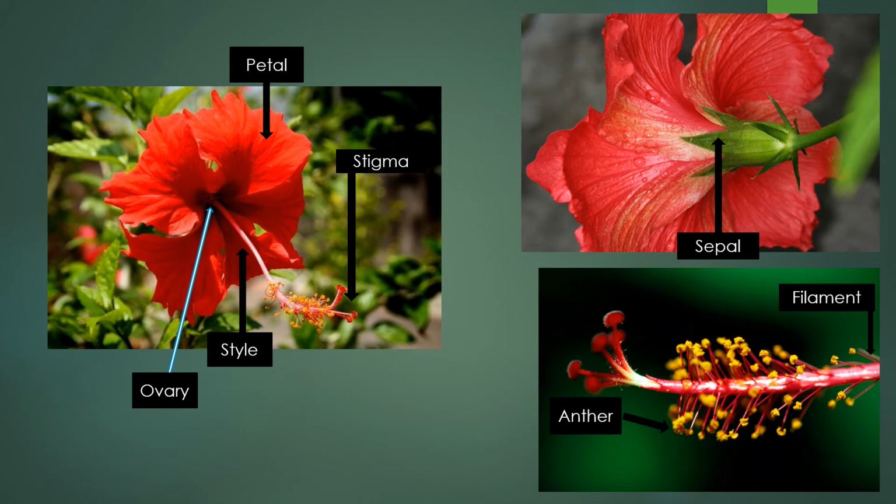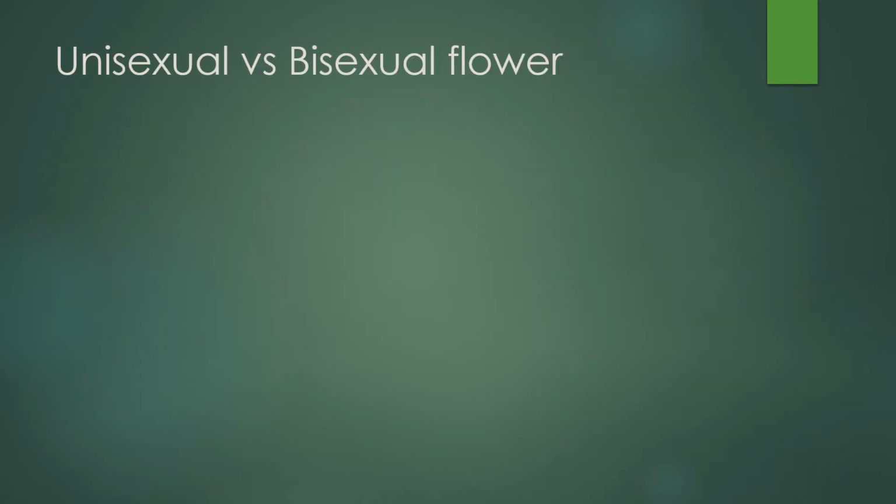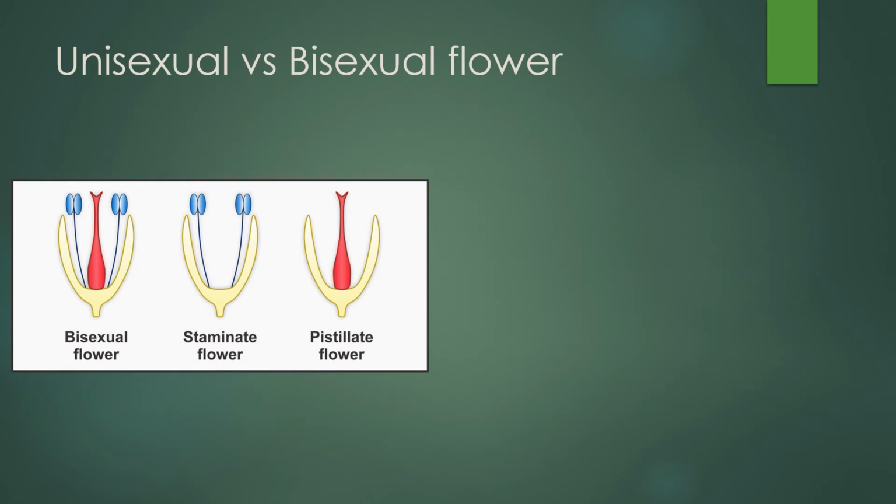Okay. Now next, if we categorize the flowers, then we can find unisexual and bisexual flowers. Now see, if both the stamen, bluish, and the pistil, pinkish in color, are present in a common flower, then it is known as a bisexual flower, because both the male and the female parts are present.